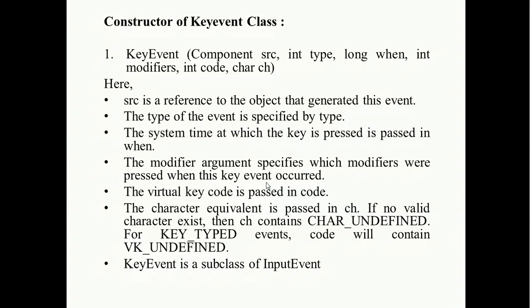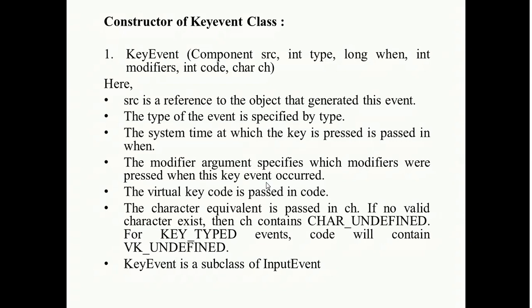Fifth parameter is int code. Int code is nothing but the virtual key code and that is passed into the code. Sixth parameter is char ch. The character equivalent is passed in ch.